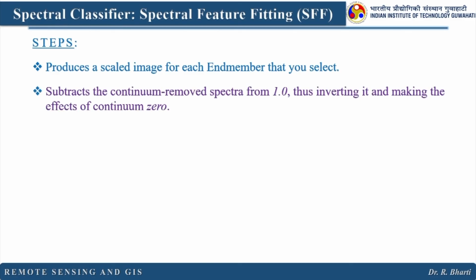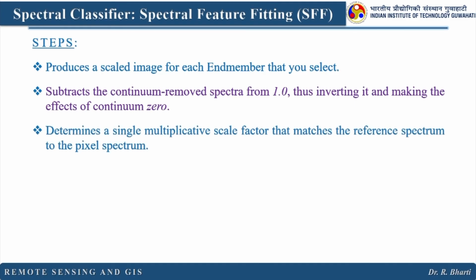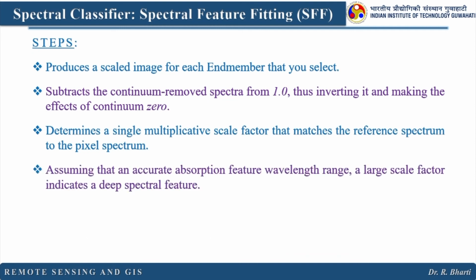So, subtract the continuum removed spectra from 1, thus inverting it and making the effect of continuum 0. It determines a single multiplicative scale factor that matches this reference spectrum to the pixel spectrum, assuming an accurate absorption feature wavelength range. A large scale factor indicates a deep spectral feature, right?